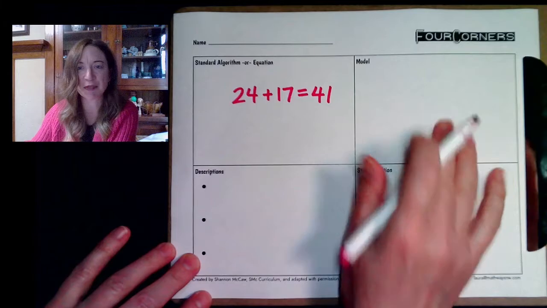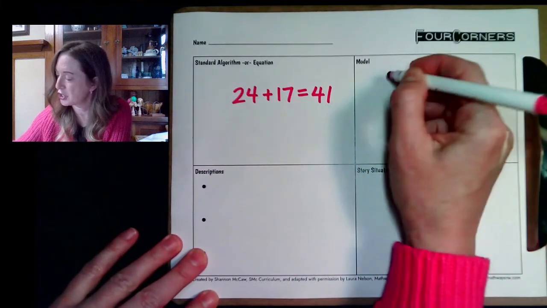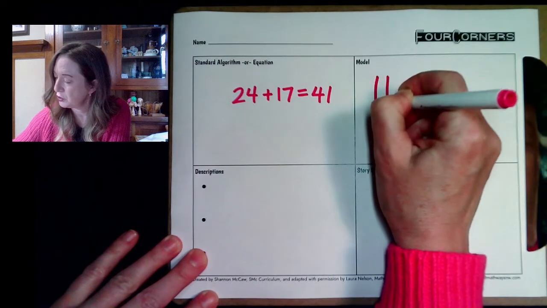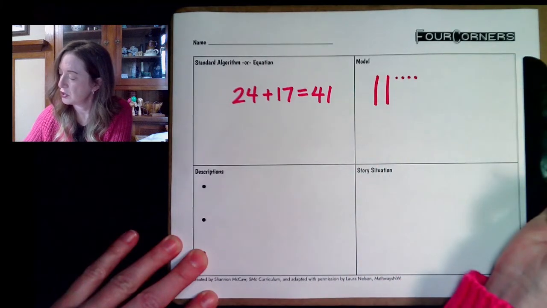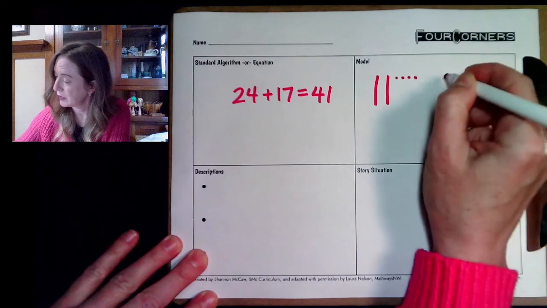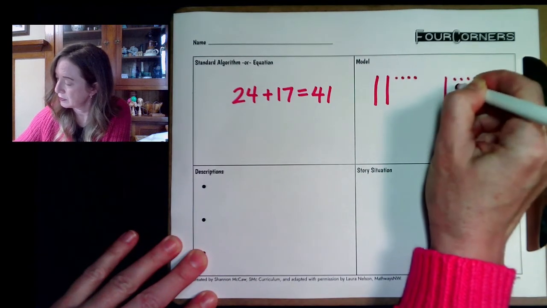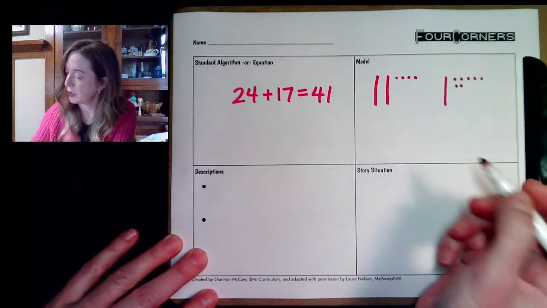Because this is an addition problem, I might just do my tens and ones to show this. So I might show 2 tens and 4 ones, and 1 ten and 7 ones.